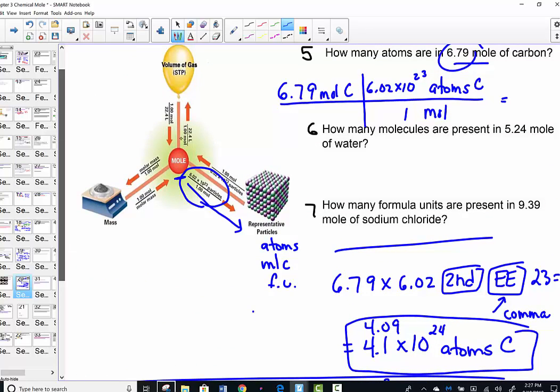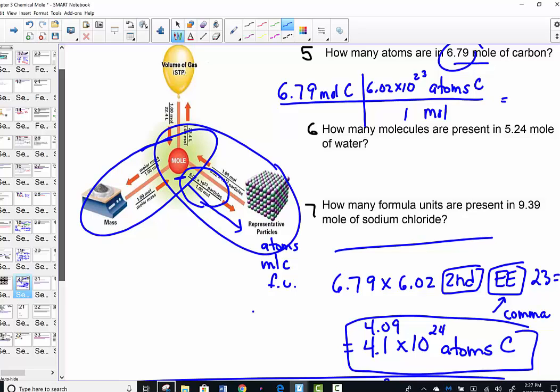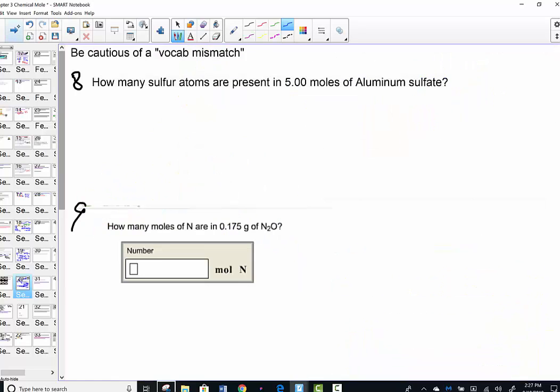The 2 main roads presented in our chapter are from the scale to the mole, and from the mole to the individual particles. It's not until we get to the gas laws later in our journey that we'll head north to the land of the balloons. So out of the 3 roads, focus on those 2 as you perfect mastery.